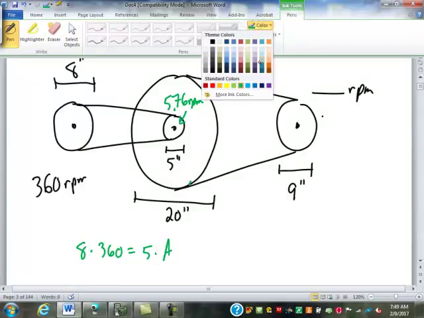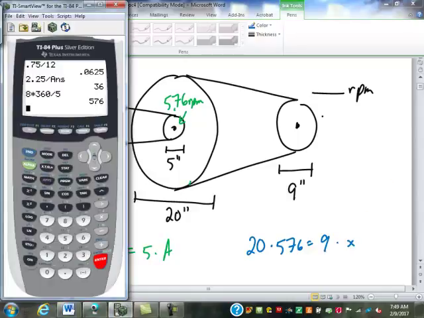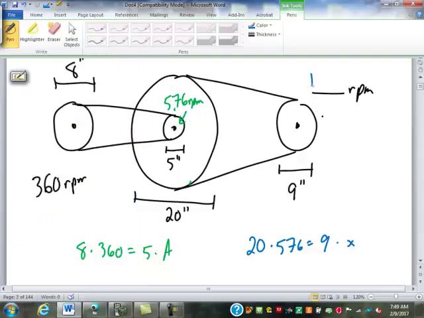Okay, good. The big gear, the 20, has to be moving at 576. So 20 times 576 equals 9 times, we'll call that X. So you got 20 times 576, or 576 times 20, divided by 9, 1280. How many of you had 1280 for that?